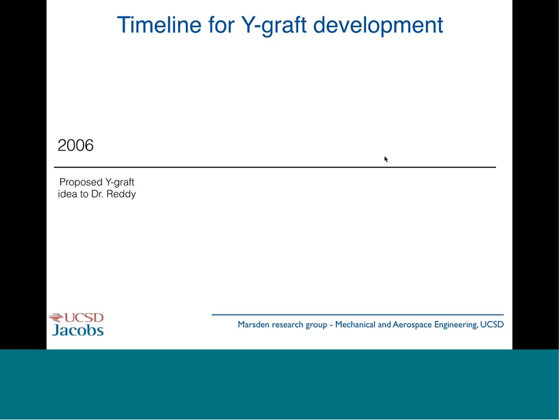So we proposed the Y graft idea to Dr. Reddy in 2006 and had those initial discussions. We did extensive simulation studies and optimization studies, and we published the first studies from our lab, and there were others that came out of Georgia Tech around the same time on our area preserving graft, published in 2007.